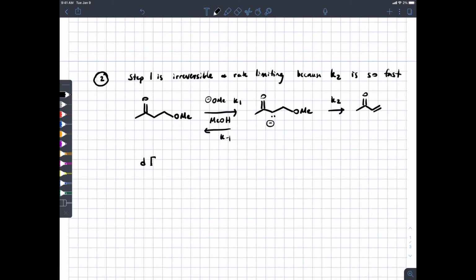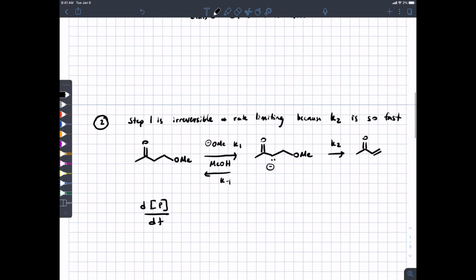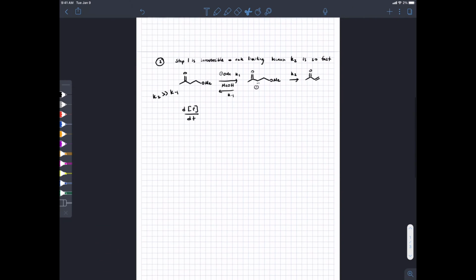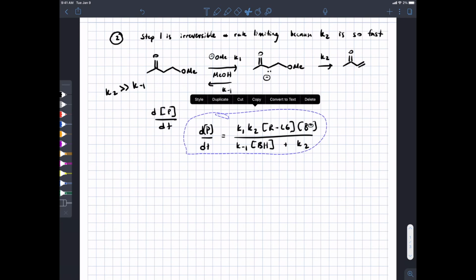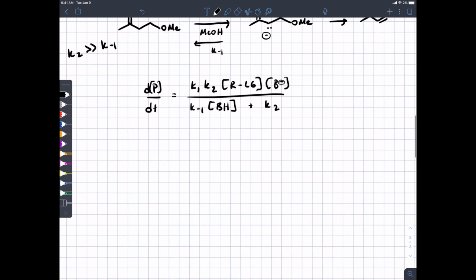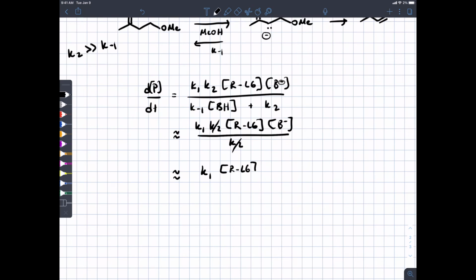So in this case, if we say that k2 is much, much faster than k minus 1, if we go back and copy our rate law based on the steady state approximation, if k2 is now much, much greater than k minus 1, then all of this simplifies to k1, k2, starting material, base concentration, divided by k2. k2 cancels out, and we end up with something that looks very much like an E2 rate law.